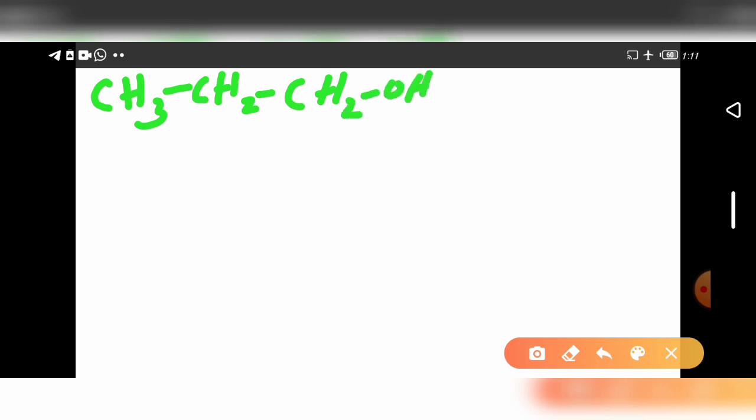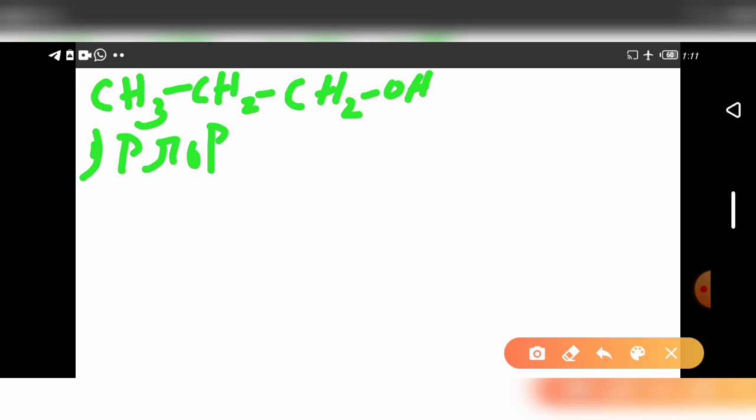What is the first step? You have to count the carbon number. How many carbons? 1, 2, 3. So meth, eth, prop. The root word is prop.